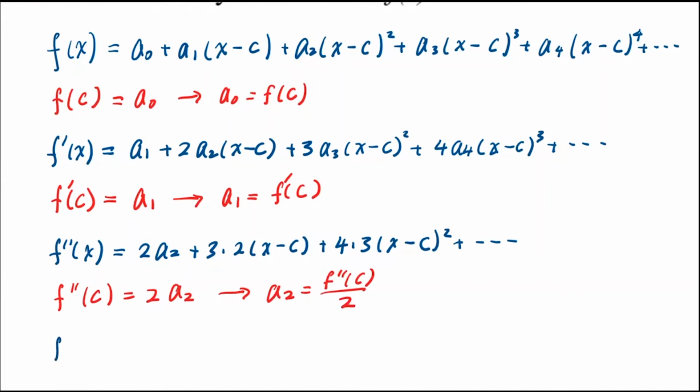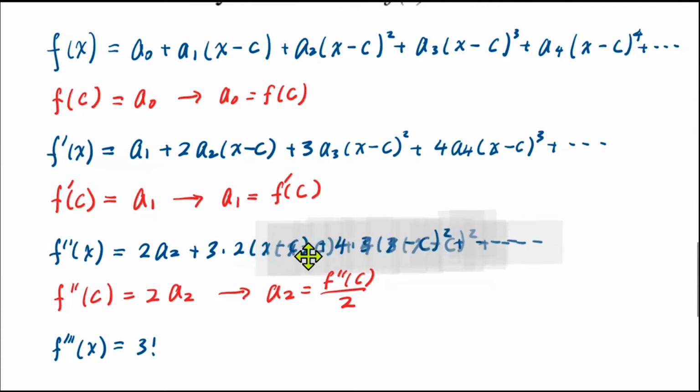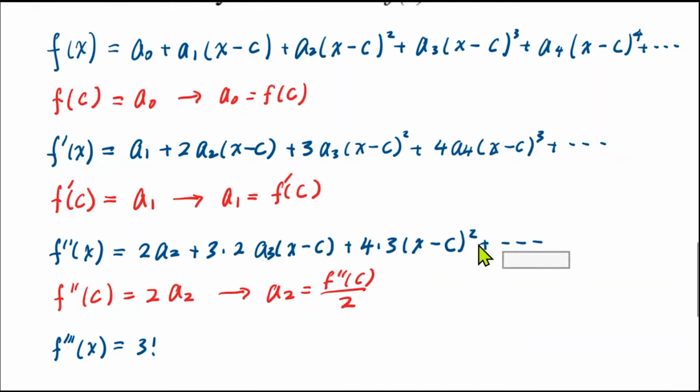Process continues. F triple prime of x is equal to, this thing is now 3 factorial. Do you see my mistake there? I'm missing all the coefficients again. God, this is the most common mistake that I make all the time. Okay, there needs to be A3, and then there needs to be A4 there.